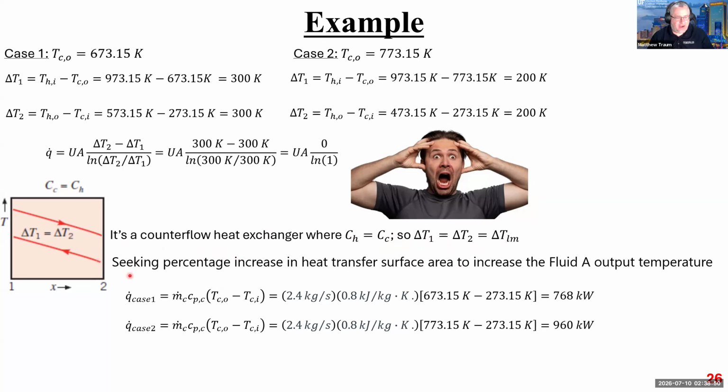I still need to find Q, and I can find Q independent of the geometry by just plugging into my first law expressions that I derived way back in the beginning.